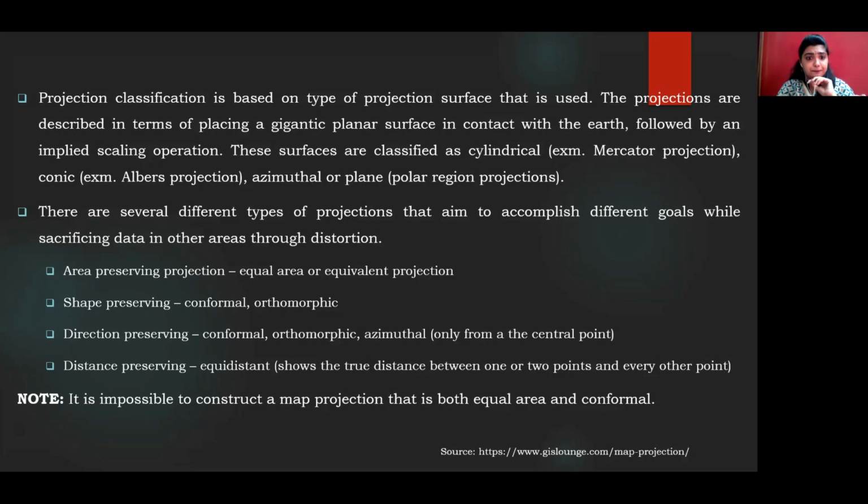Now it is very important for us to understand that it is impossible to construct a map projection which will have both equal area and conformal. If I have equal area, some or the other kind of distortion will be there, maybe in terms of distance, maybe in terms of size, maybe in terms of area, maybe in terms of shape.